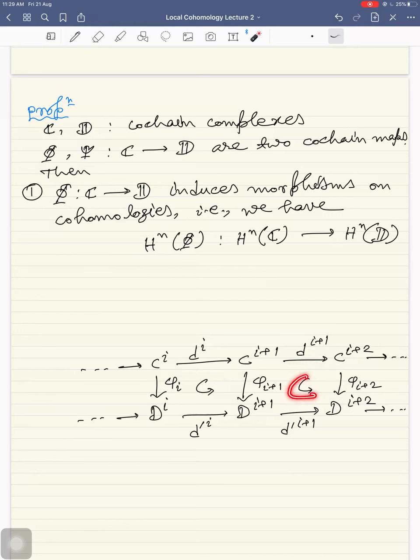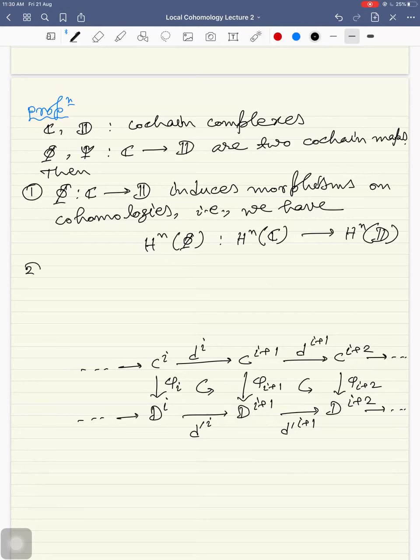But since this diagram is commutative, the kernel of this map goes via this map to the kernel of this map, and similarly the image goes to the image. So on the cohomology level you can have a map from the i plus 1 cohomology to the i plus 1 cohomology of this complex. So that is your first statement.